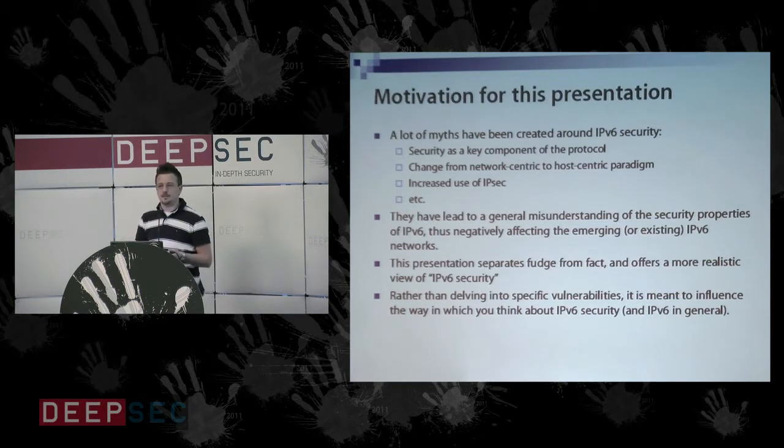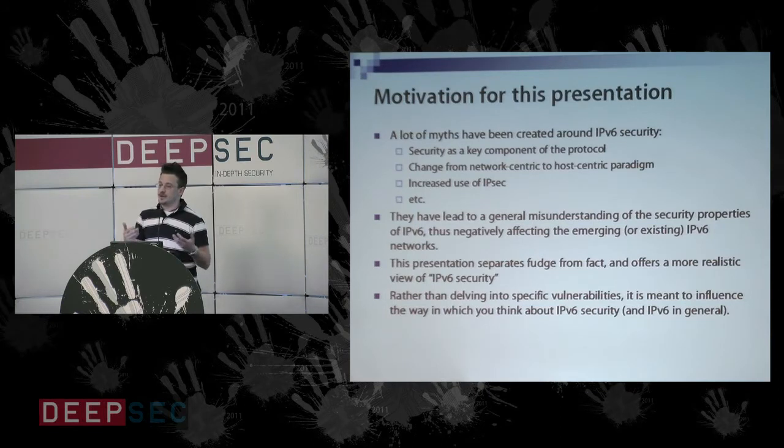From my perspective, basically they have had a negative impact in the existing IPv6 deployments and in the new IPv6 deployments that are emerging, basically because people start deploying IPv6 with wrong assumptions. So for the most part, what I will try to do in this presentation is try to analyze most of these myths and try to see if they are actually true, or if there's some truth to them, or if they are basically just myth and nothing more than that.